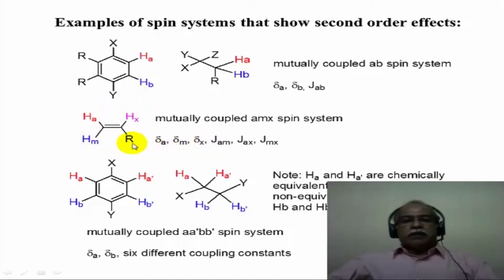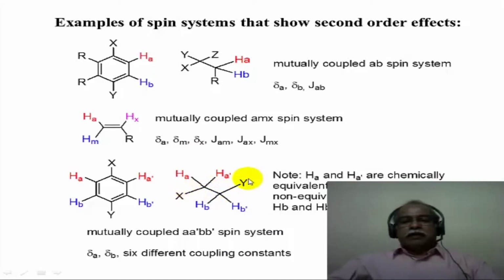Olefinic systems of this type present a very complex NMR spectrum. They can be ABC type or AMX type, depending on the differences in the chemical shift values of the various hydrogens which are mutually coupled to each other. An example of a para-disubstituted benzene derivative is presented here. That constitutes an AA' BB' type of a fairly complex spin system. So is this particular disubstituted ethane derivative, for example.